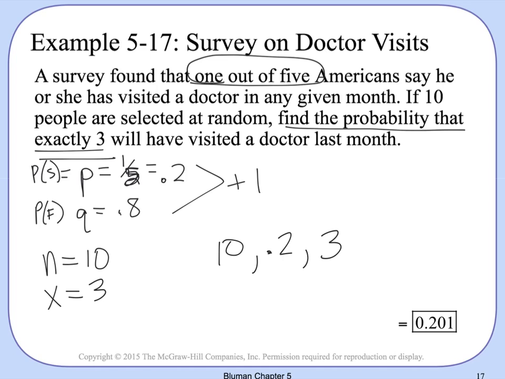Number of trials is 10, probability is 0.2, and my x value is 3, exactly 3. What did we get? 0.201, which is what I have on this slide. You should get 0.201. So there's a 20% chance that this is going to happen. Now, before you leave, we are going to make the probability distribution for all the possible outcomes of this, just so that you see what's going on here. So I'm going to stop this.